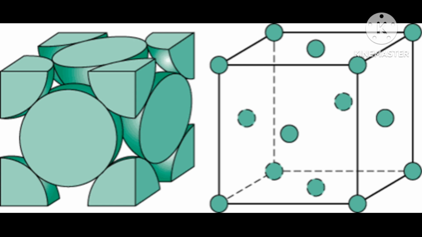But in a cube many atoms may be there, 1000, 10,000, 20,000. Then what is the total mass of the unit cell? If it is 1000, then 1000 into small m.